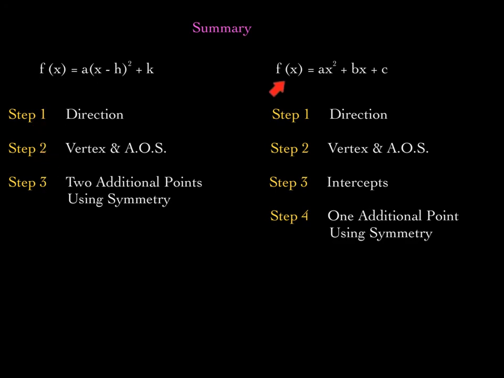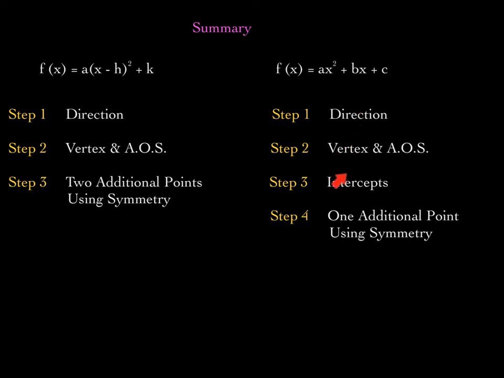When you have a function written in this form, get the direction by the leading coefficient. Find the vertex and the AOS. Now, there's 2 ways to find the vertex here. You can either complete the square in x or use the vertex formula, negative b over 2a. Find the x-intercepts and the y-intercept. Remember, the y-intercept is always your constant term.